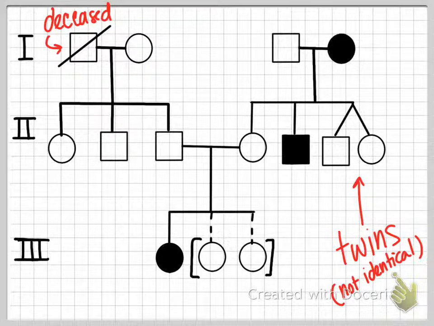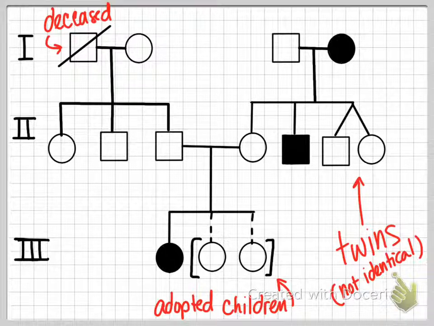But wait, those don't look like all the rest either. Notice that those 2 have a dashed line and those sort of brackets around them. Those are adopted children. We can show them on a pedigree because there are some conditions that have an environmental component, where there's more to the disease than your genetics. We want to know whose house you grew up in. So, that's sort of the basics of a pedigree.